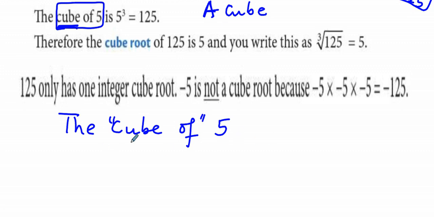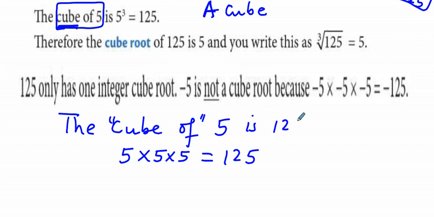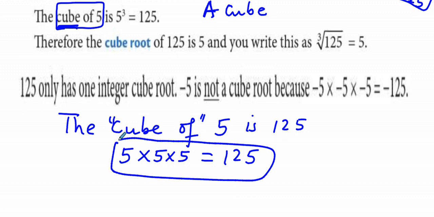The cube of 5 means take 5 multiplied by itself 3 times. See that? 5 times 5 is 25. 25 times 5 is 125. So the cube of 5 is 125. And this is the way we work out the cube of 5.